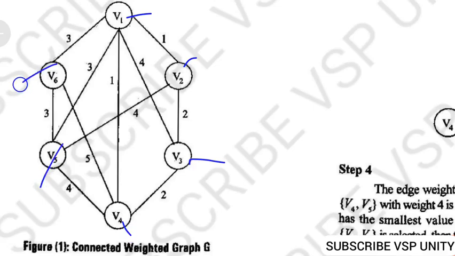Among these edges we will pick one edge which has the minimum weight. See here, the minimum weight is 1. From v1 to v4 we have a path of 1, and from v1 to v2 we have a path of 1. By default, we consider v1 and v2 as vertices first. Then I'll go for the drawing of this particular graph.